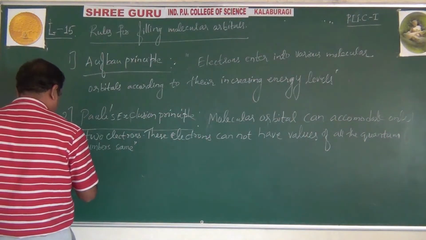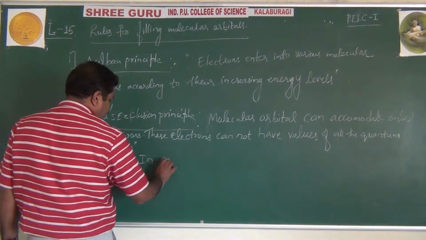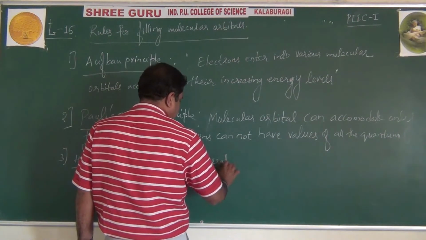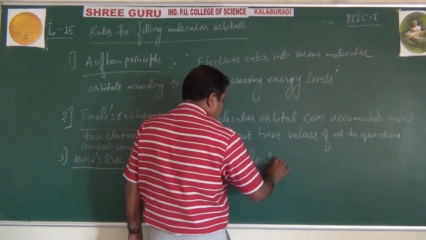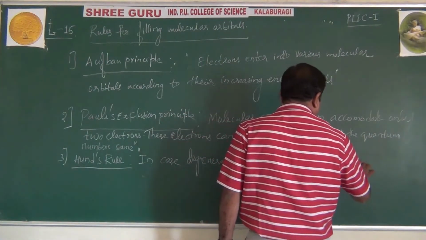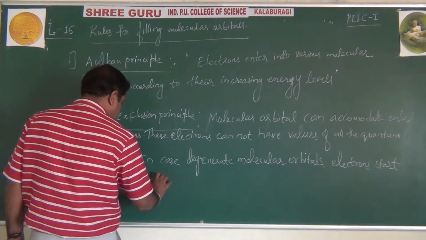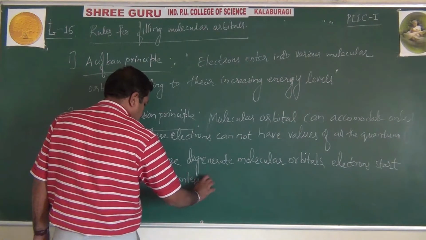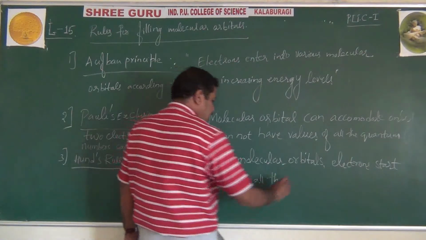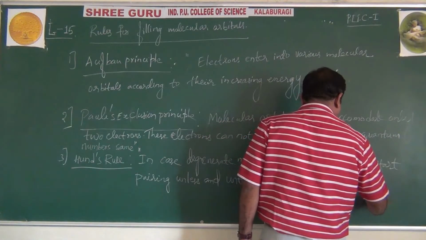Third, Hund's rule of maximum multiplicity. In case of degenerate molecular orbitals, instead of atomic orbitals, electrons start pairing only after all the orbitals are singly occupied.